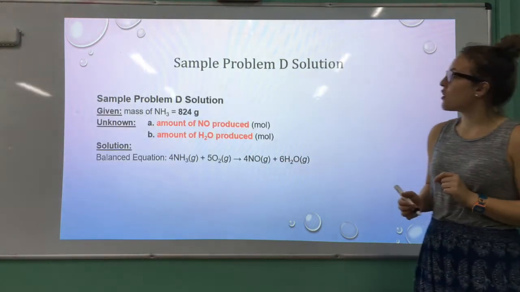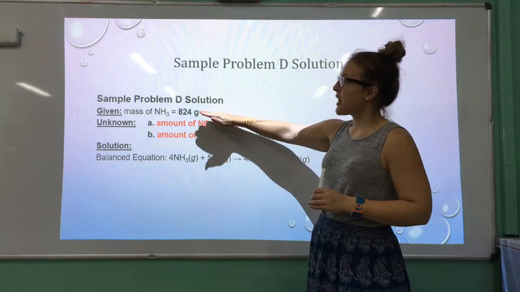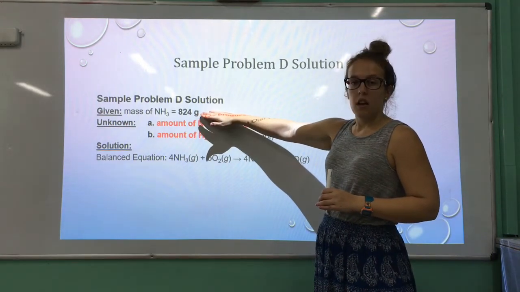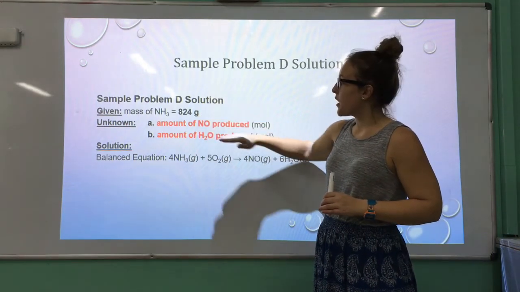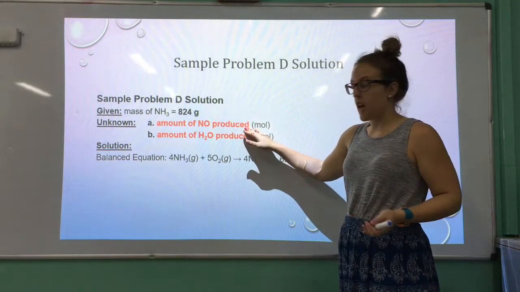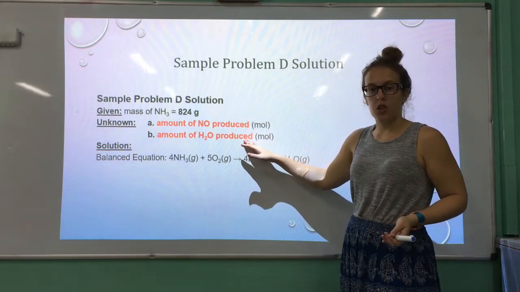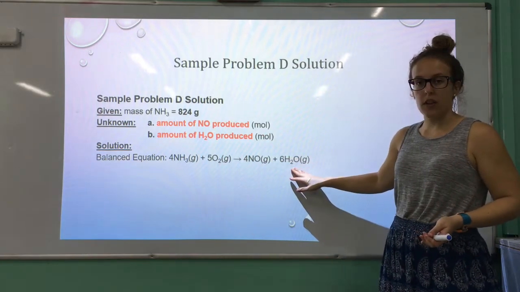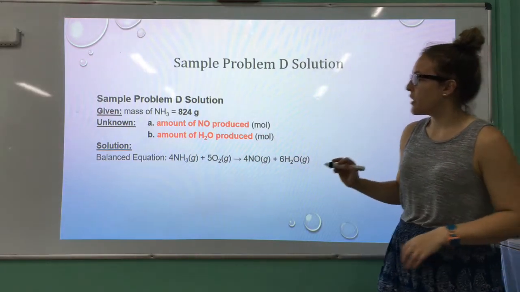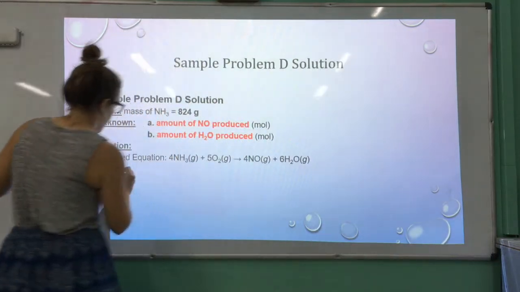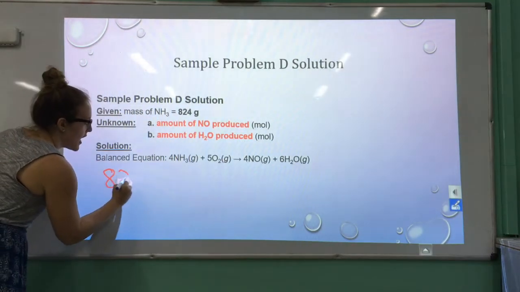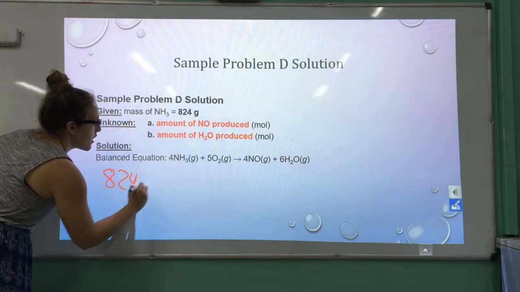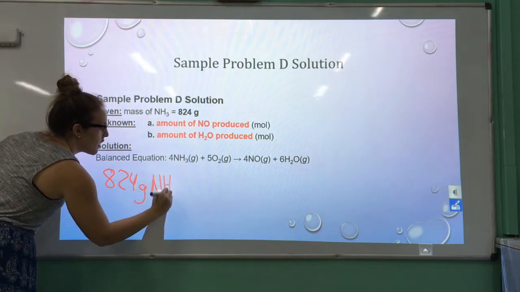So if we look at the solution, we can see that we are given the mass of ammonia. We want the amount of NO and the amount of H2O in moles. So we wrote out the equation again, and we start with 824 grams of ammonia.